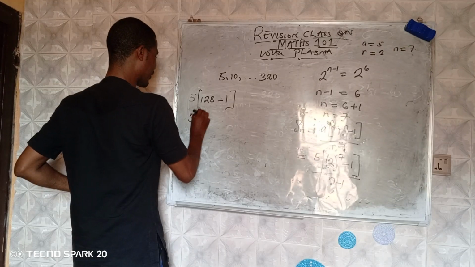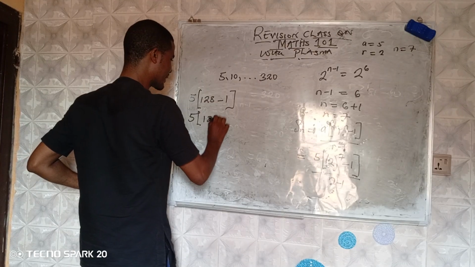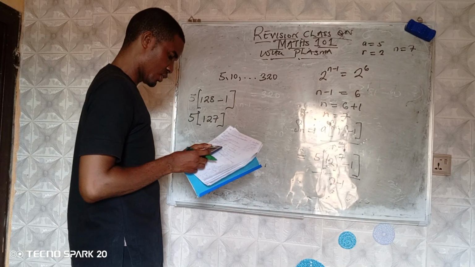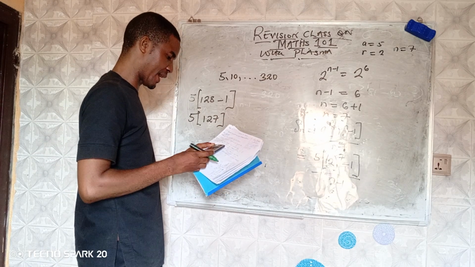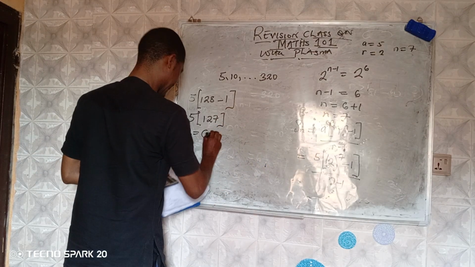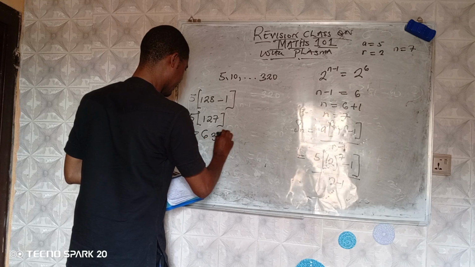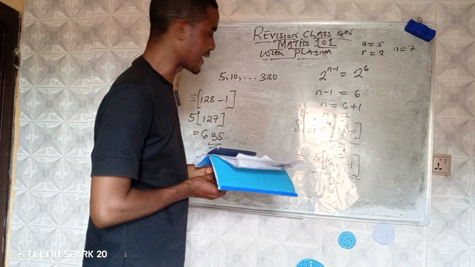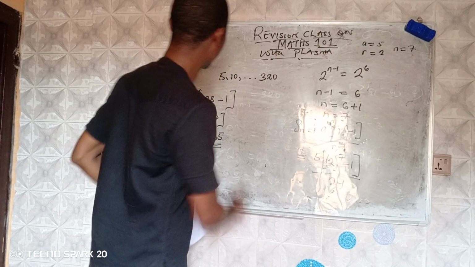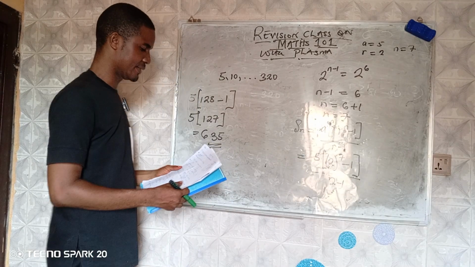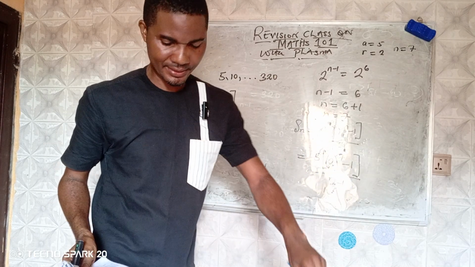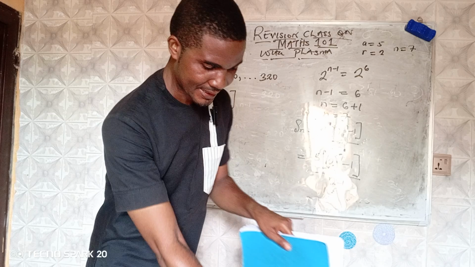That will give me 5 into 127. So 127 times 5 gives me 635. That's my final answer. So if I sum this, I will have 635. That is for that year.